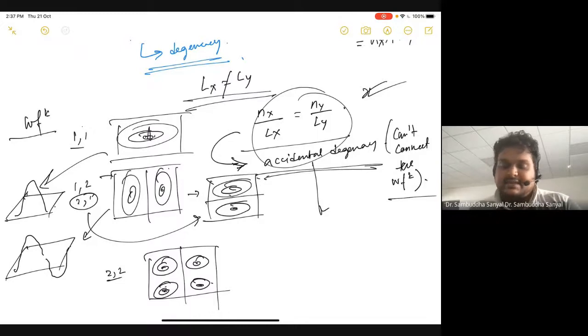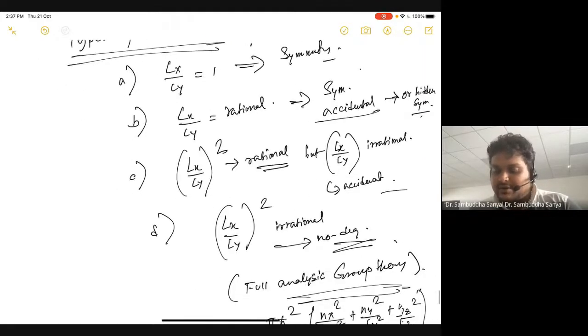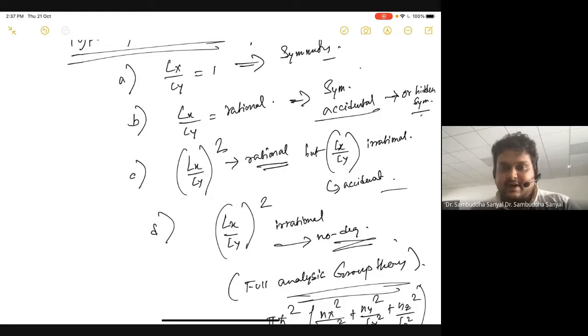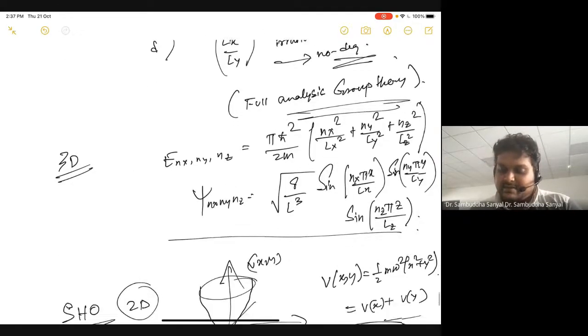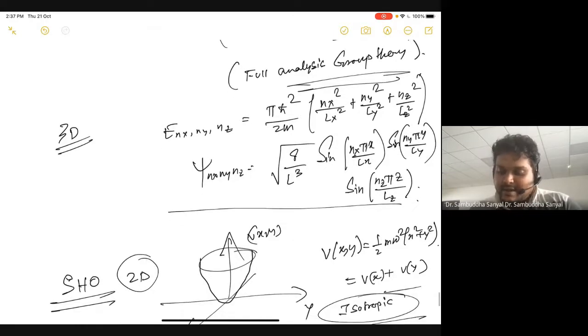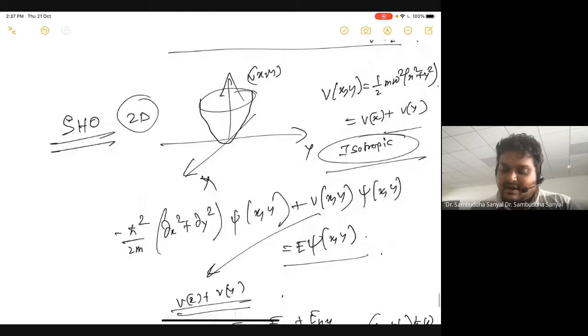And if the object is rectangular, then of course the condition is more strict and hard to satisfy. So you have to satisfy some condition like this, and so on. So then we talked about all these possibilities that exist in the square well, and then I just outlined the problem in the cubic well, and then I discussed the outline of the simple harmonic oscillator in 2D, where I said that you have a simple harmonic oscillator that is isotropic, which means the omega is the same in x and y, and I write it as one half m omega squared (x squared plus y squared).